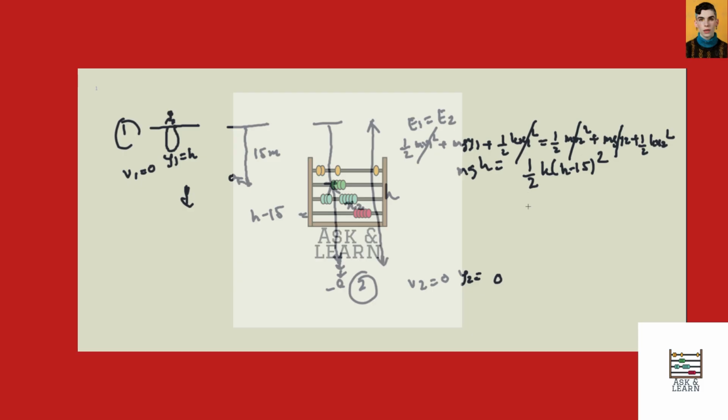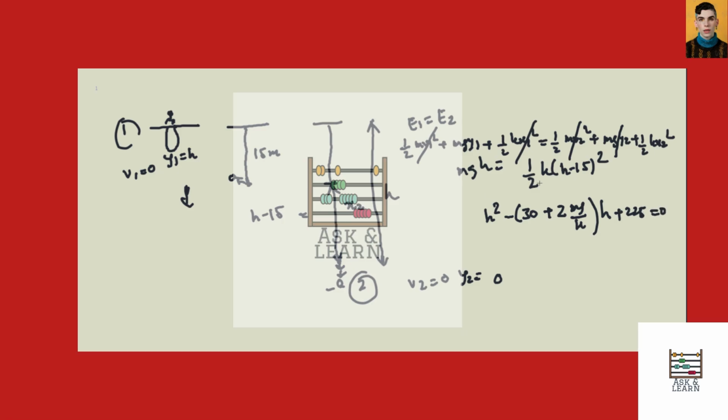Now if you solve this equation, then you will get h squared minus 30 plus 2 mg by k, h plus 225 equals 0.